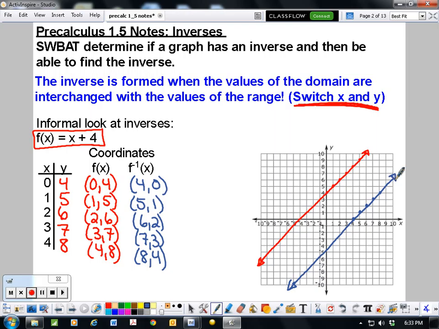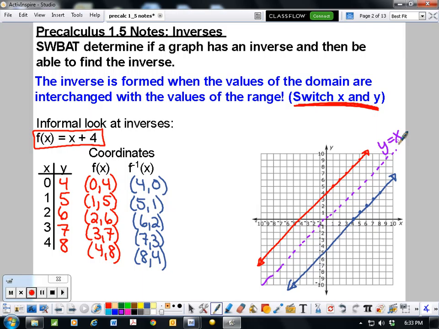And because these x and y's are being switched around, what's really interesting is your graphs are symmetric. They're actually reflected over the line y equals x because they have been flip-flopped around.